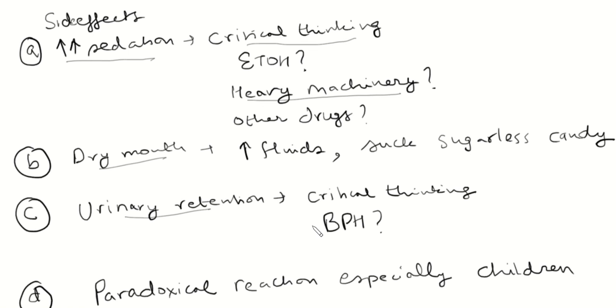If I have an older gentleman with a prostate that's big, benign prostate hypertrophy, they're prone to urinary retention. So I put BPH in the same elevator with Benadryl. What do you think they'll talk about? Sedation? Sure. But what they're going to talk about more is urinary retention, right? Critical thinking. I have to be very, very careful about urinary retention in these patients.